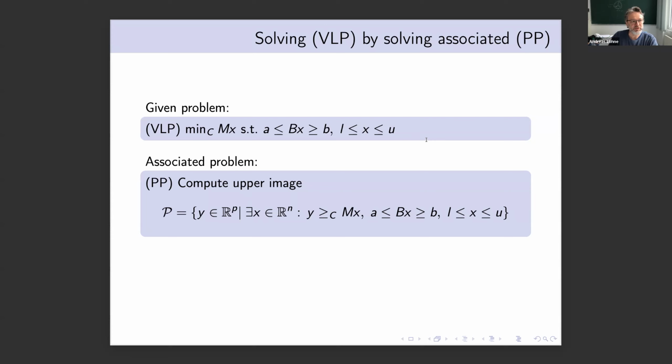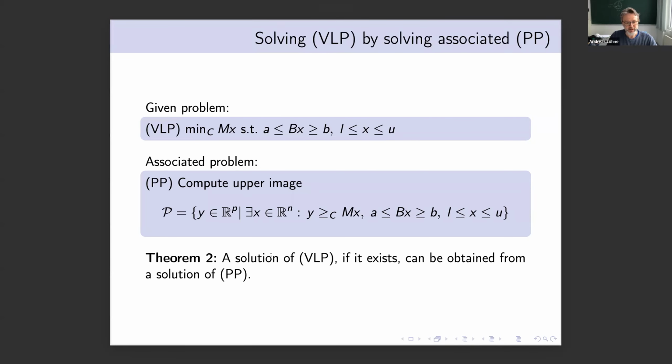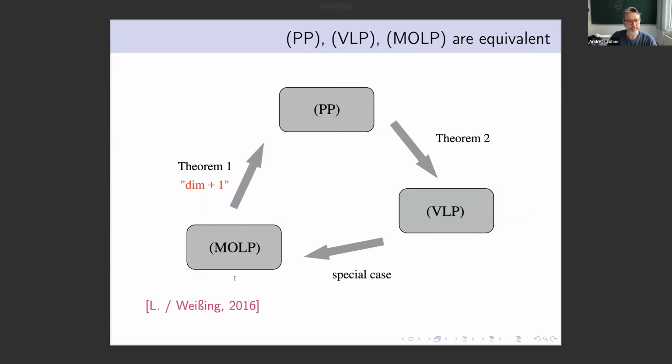And this means we have also the opposite result: a solution of the given multiple objective or vector linear program, if it exists, can be obtained from a solution of the polyhedral projection problem. This means that both problems are equivalent, and even more, we have this connection here.